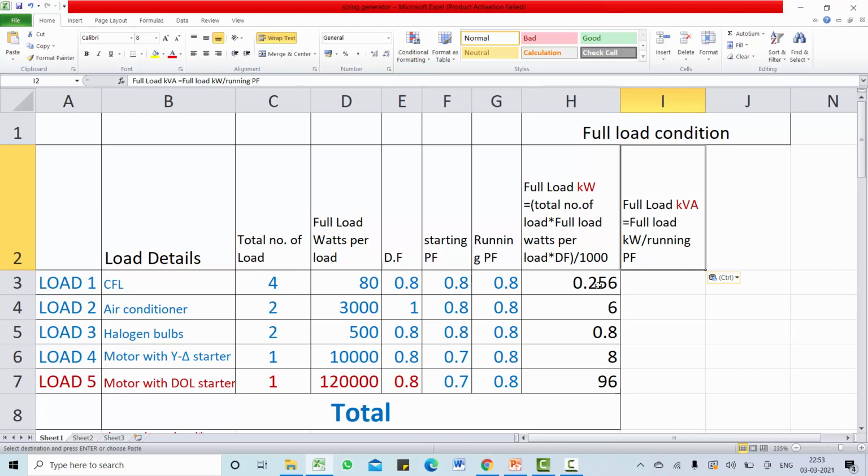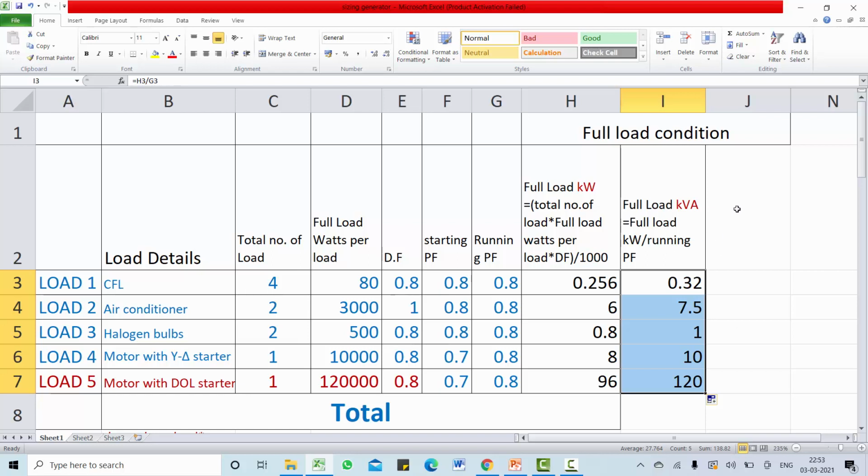Then you take this value and divide it by the corresponding running power factor which is presented here to calculate full load kVA. So very simple, it is equal to this value divided by this value. So drag it, and you'll find the corresponding numbers. So I just calculated full load kVA.